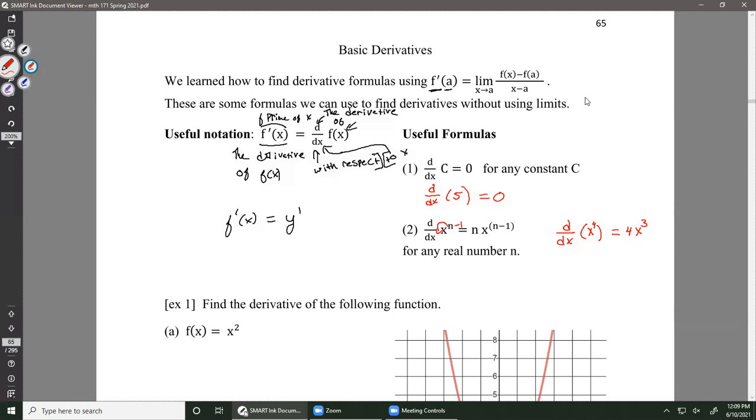So the slope of every tangent line on the curve of x to the 4th is really just 4x cubed, which is really cool.